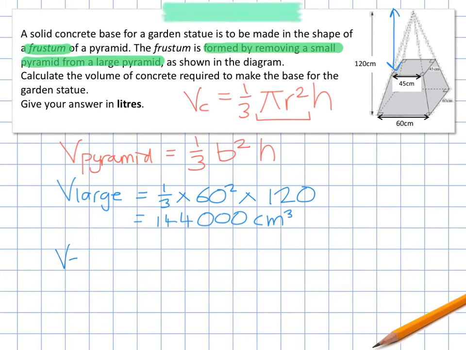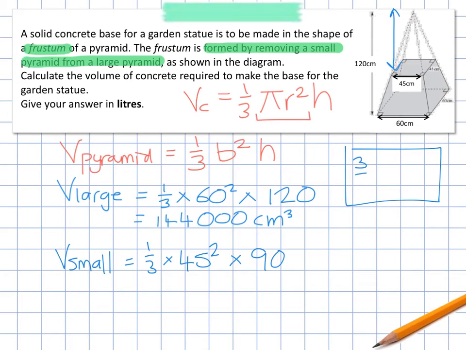So now we're going to do V small is 1/3 times 45 squared times 90. Okay, so there's a little aside here. It's 3/4 of 120. And that's going to give us 60,750 centimetres cubed.